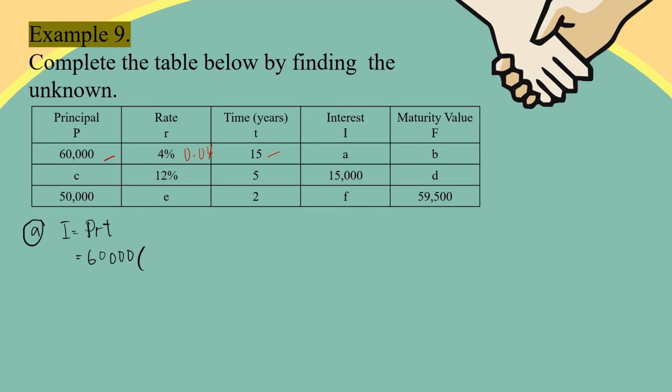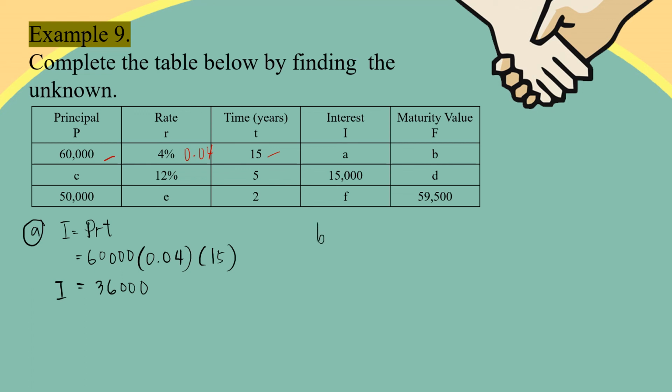Then, yung rate natin is 4% or 0.04. Then, yung time is 15 years. So, multiply lang lahat ng yan. Ang makukuha nating answer ay 36,000 pesos. So, ito yung ating interest. Okay? So, yan na yung tubo.